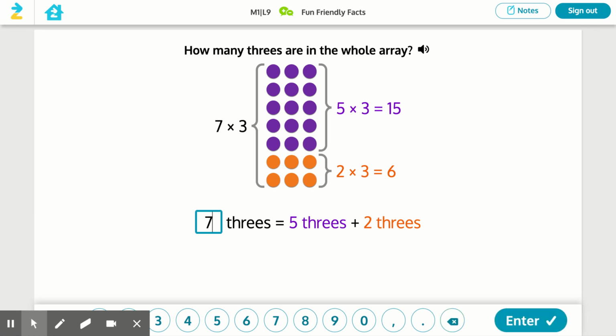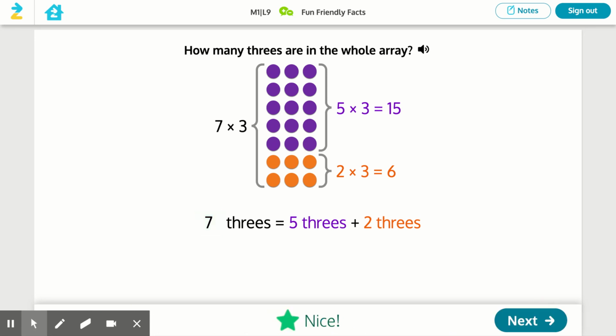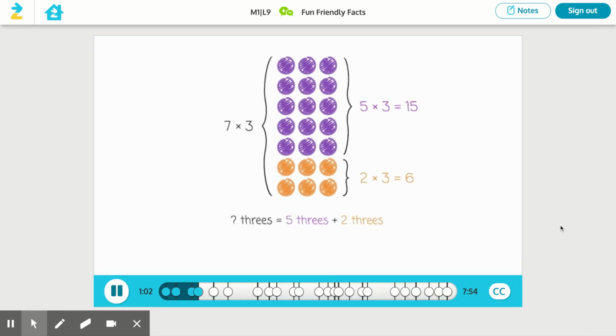That's right. Now we have 7 threes. 7 3's equals 5 3's plus 2 3's. We're just adding 2 parts of the array together. See? 7 rows of 3 is the same as 5 rows of 3 plus 2 rows of 3.